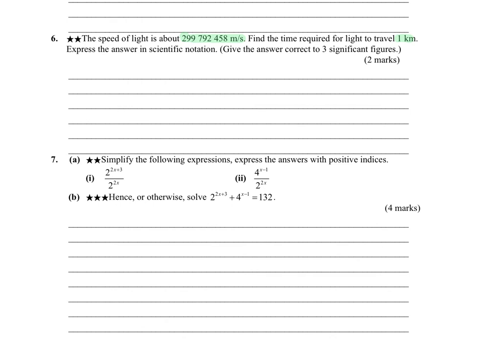You should try to think about if we want to find the time. So distance and speed. If we want to find the time, we should try to divide distance by speed.